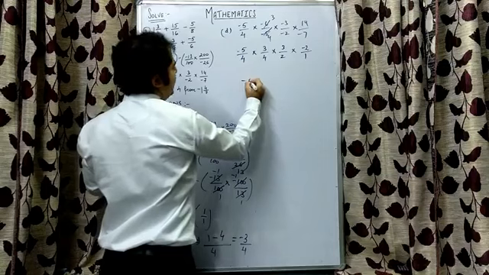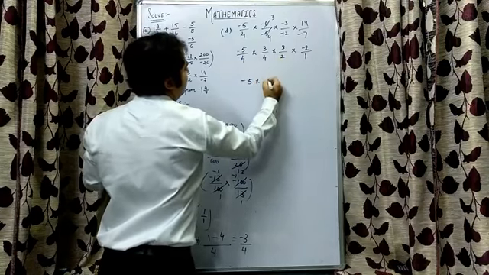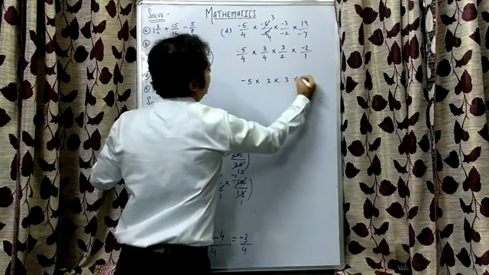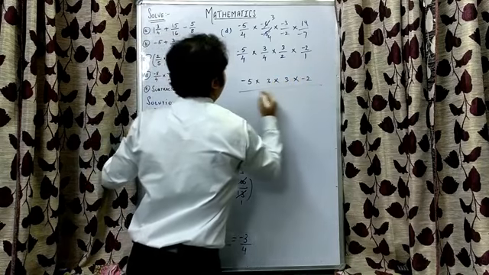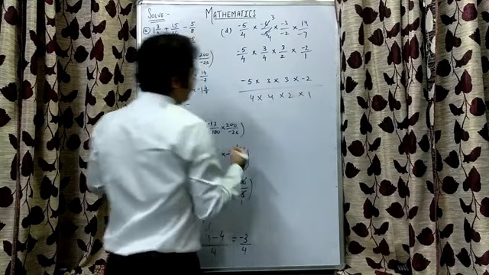Now we have got minus 5 into minus 5 into 3 into 3 into minus 2 whole upon 4 into 4 into 2 into 1, right?